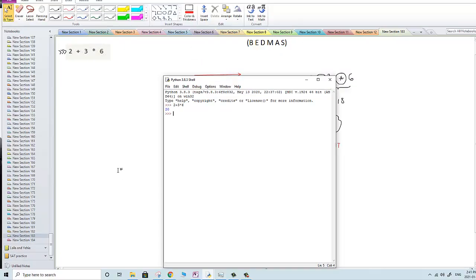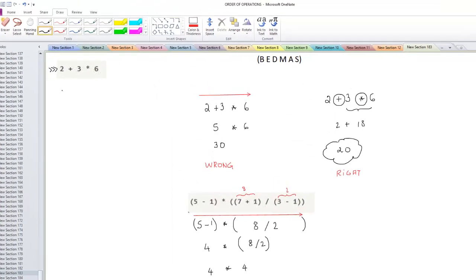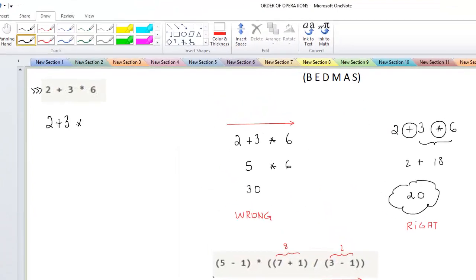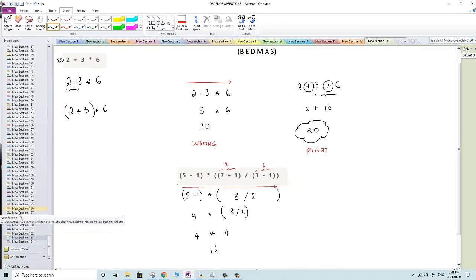Someone will tell me, okay, I need 2 plus 3 times 6, but in my head I want to start with 2 plus 3. How can I ask Python to understand? I want you to start with this, and after that the multiplication. In this case, I can force a bracket so Python understands that I need you to start with 2 plus 3.